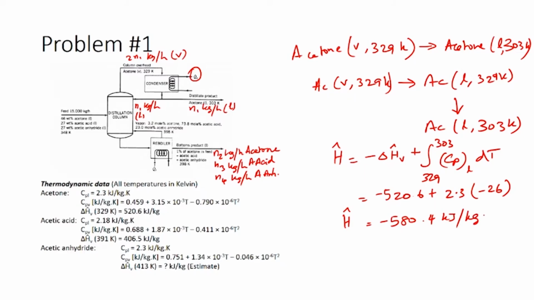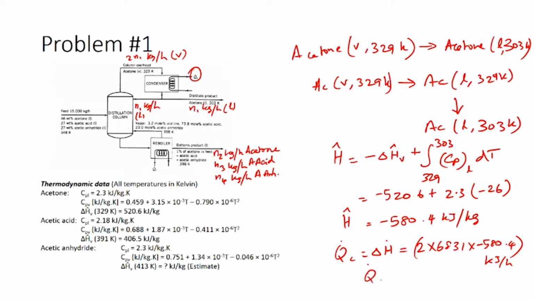Q dot C can be obtained using a simple energy balance. This is an open system, so the equation simplifies to Q dot C equals delta H dot, which is the mass flow rate times the change in specific enthalpy. The mass flow rate is 2 times N1, so 2 times 6831 times minus 580.4 kilojoules per hour.